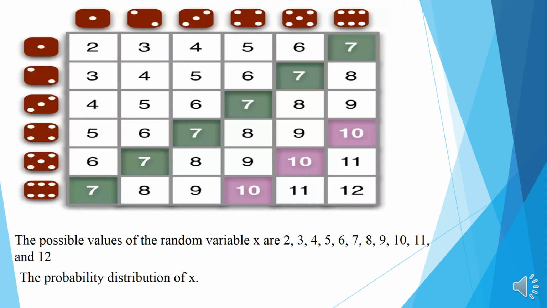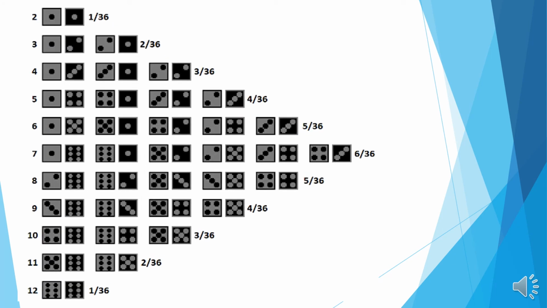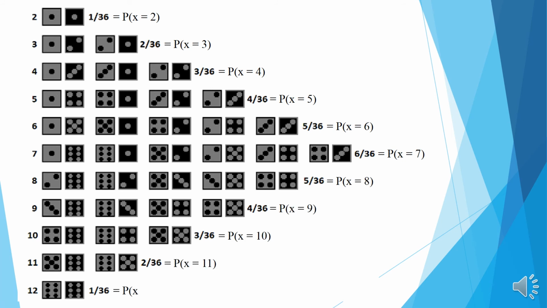What is the probability of x equal 4? It is 3 over 36, and so on. Let's see all the probabilities. 1 1 is the probability of x equal 2, 1 over 36.